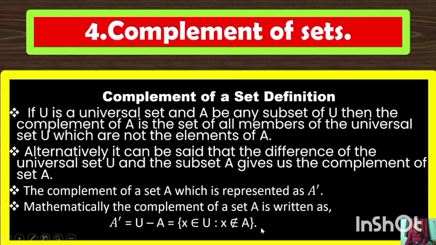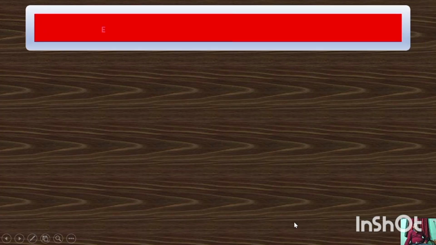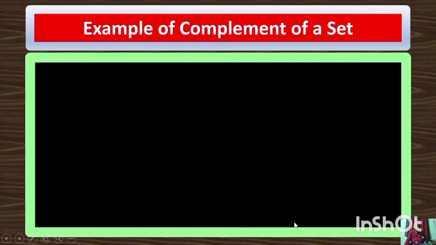In set-builder form we can write x belongs to U, but x does not belong to A. These elements are only in U but not in A. So this is another use of the difference set. The complement set is nothing but the difference of the universal set and a given set, right? Understand? So here is an example of the complement of a set. Look at here.